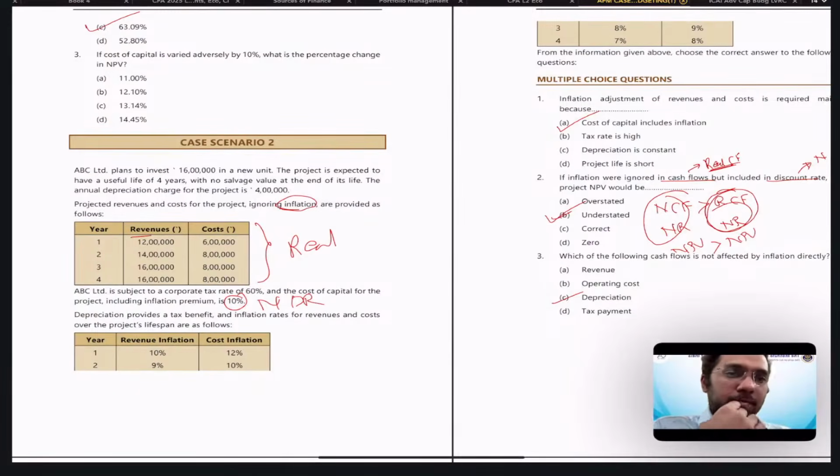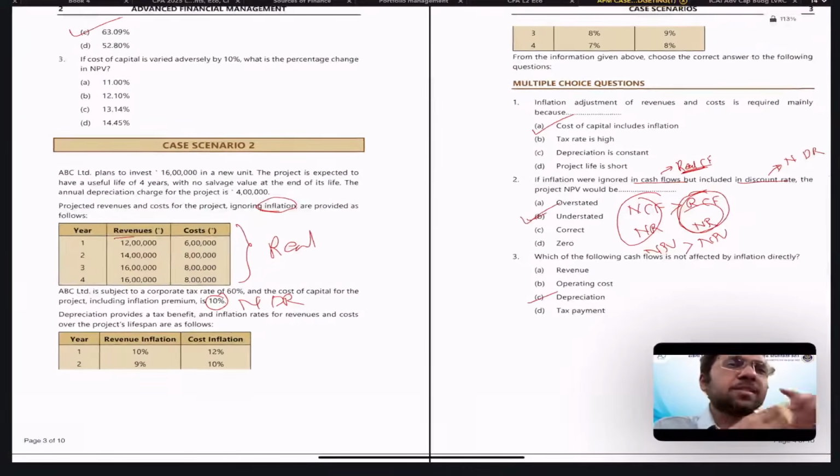Now, can you just try to solve and get the NPV of this question, guys? Can you calculate the NPV for this case? What we need to do is I'll just give you a guideline and then you tell me whether you can do it. You need to, of course, convert these real cash flows to nominal cash flows, all your revenues and costs.